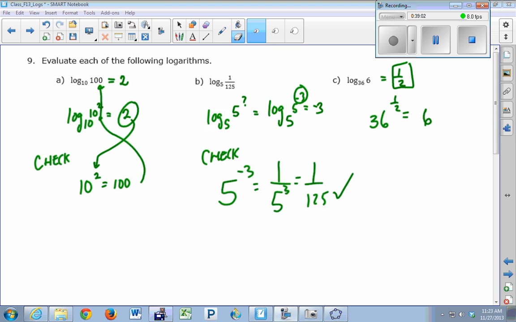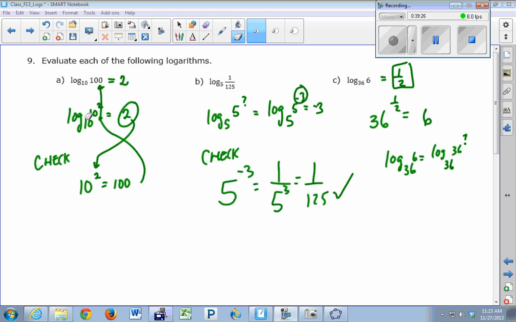Oh, because you want to say, if you rewrite 6 like we did over here, what exponent would we raise each of the bases to? So if you do this, you say log base 36 of 6 is 36 to what power? Just like we did here, we said, what do I have to raise this base number to get 1 over 25?